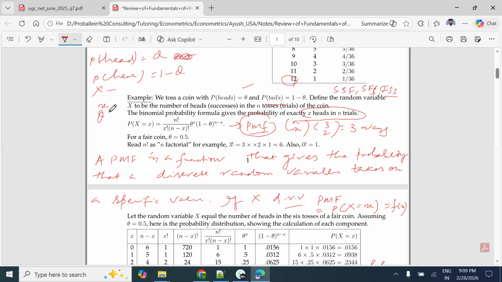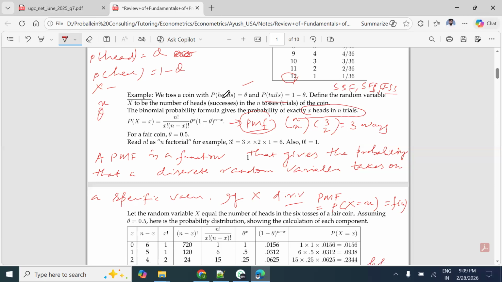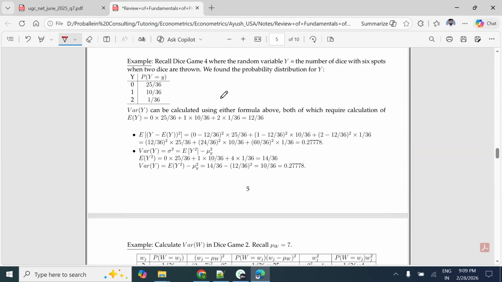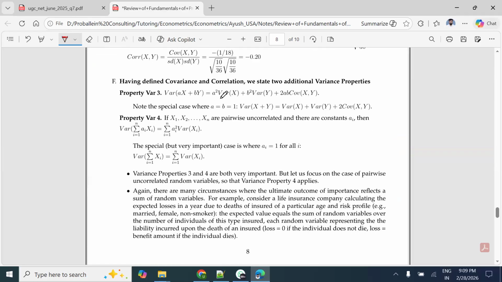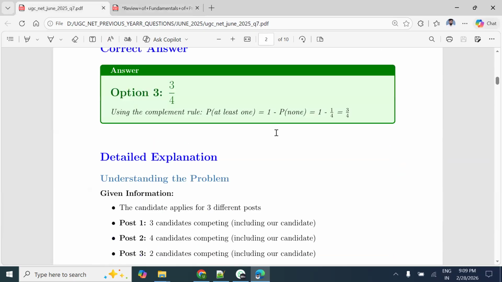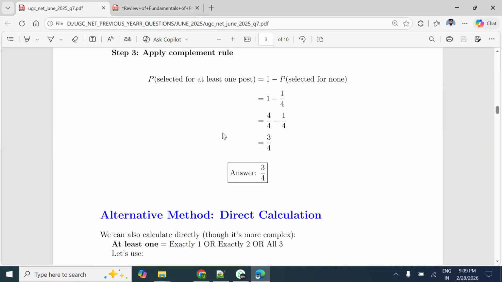Let me write it. There are a lot of things here, and this 10-page PDF is very important for you. The first part I already told you.